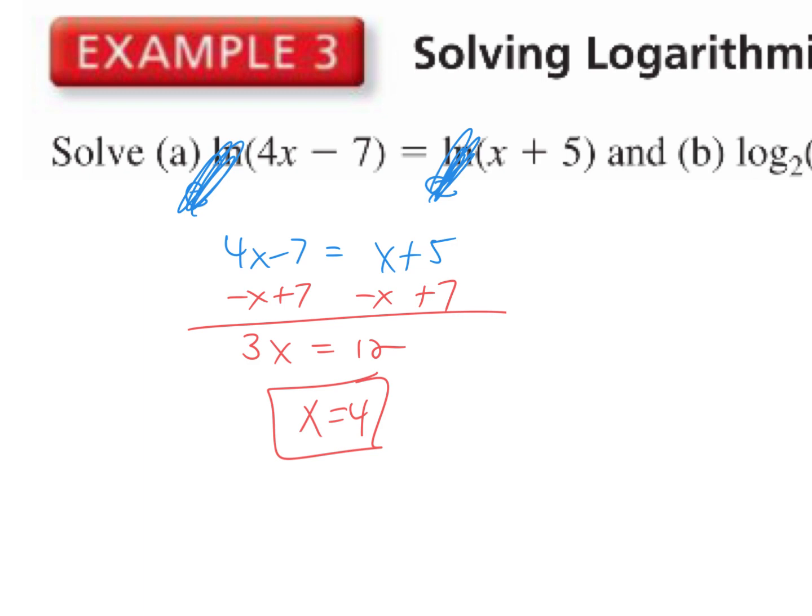What I do need you to do is check to make sure that when you plug in your number, this doesn't become negative. What's 4 times 4 minus 7? 9. That's not a negative number, you're good. What's 4 plus 5? 9. That's not a negative number, you're good. I'll show you why in a second. But you cannot take the log of a negative number. If you put it in your calculator, it'll tell you error. So you got to be careful with that.